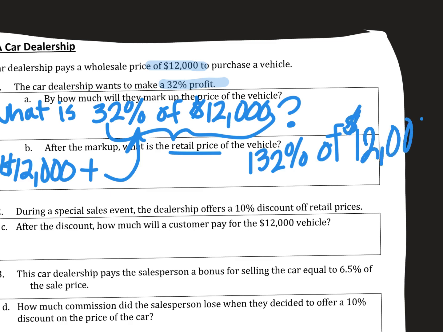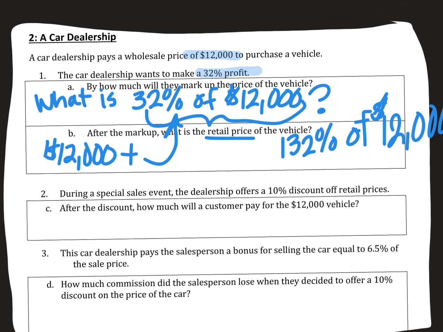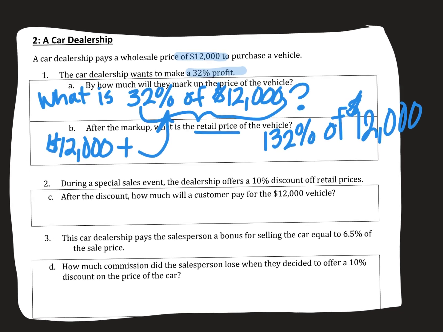Okay? So you don't need to write these things. You need to now figure out what math you would put into your calculator, what math you think of in your head, and what you write on the paper, in an equation format or proportion, and show me how you get the retail price of this vehicle. Go ahead and pause the video until you can finish that.